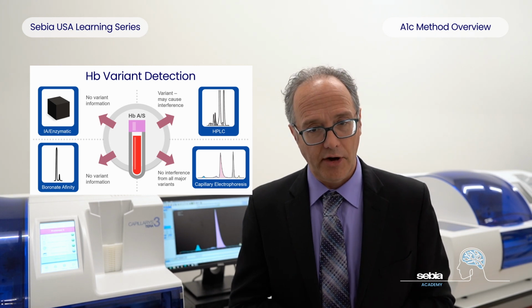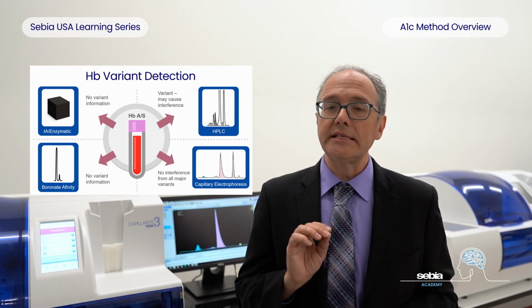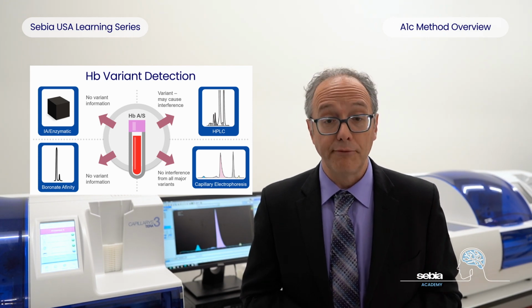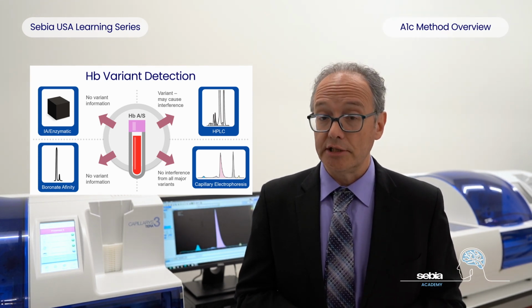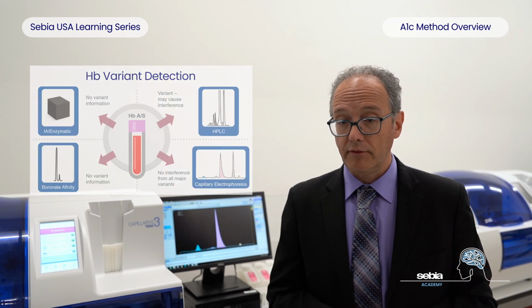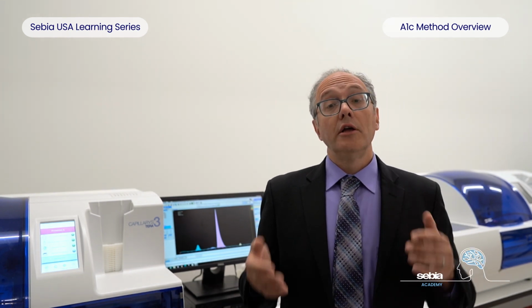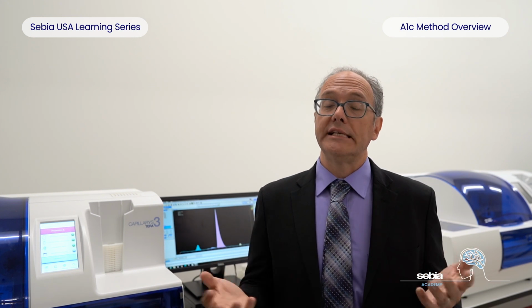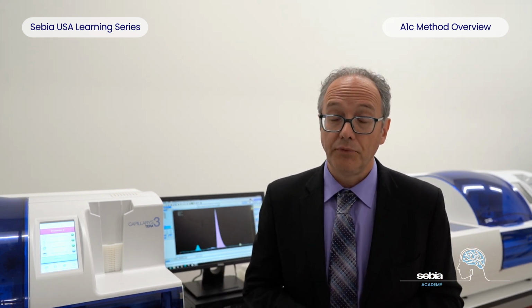other less common variants. Despite standardization efforts, methods differ in their suitability for A1c testing in patients with these hemoglobin variants. To begin with, traditional immunoassay methods use antibodies to recognize a limited section of the A1c molecule to generate a percent hemoglobin A1c result.